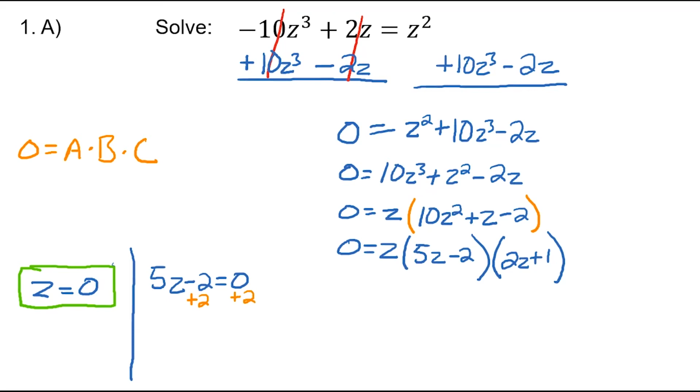Add 2 to both sides, and the result is 5z is equal to 2, and then I have to divide both sides by 5.